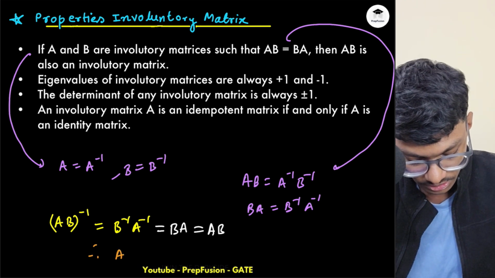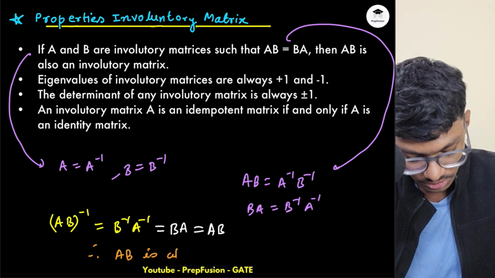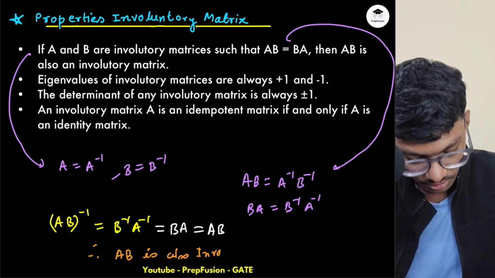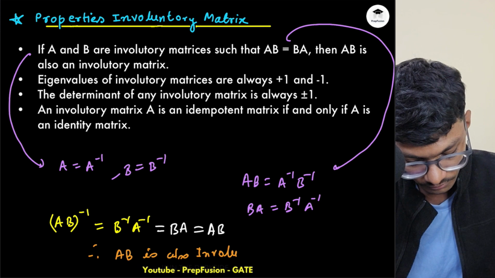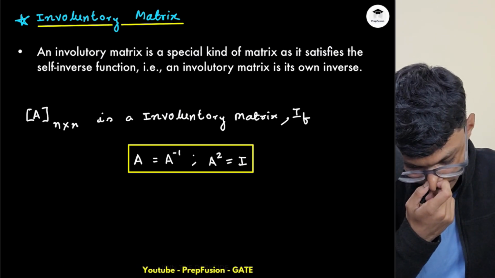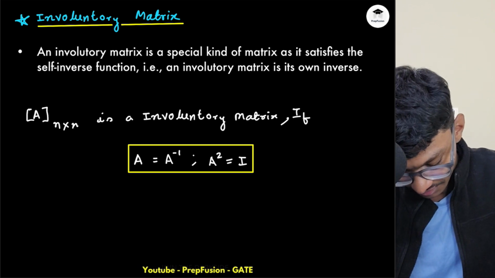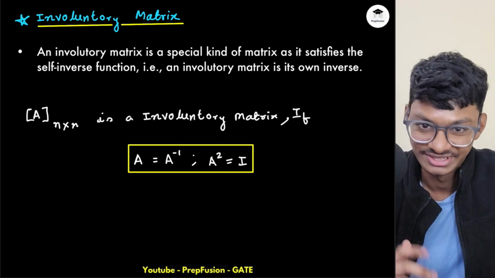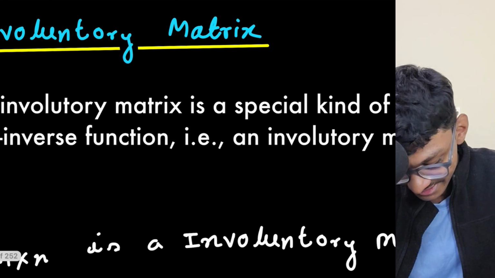Hence AB is also involutory. Is the spelling correct? My spelling is actually wrong. It's not involuntary, it's involutory.